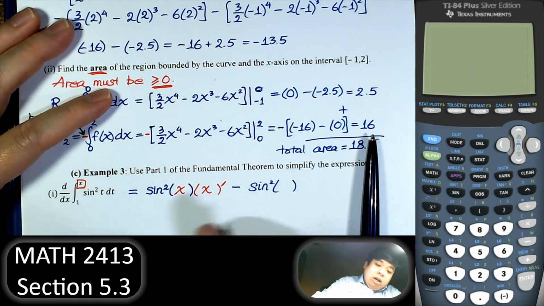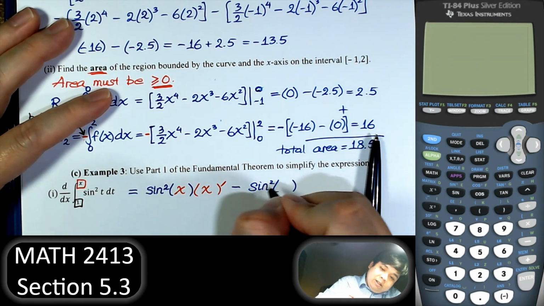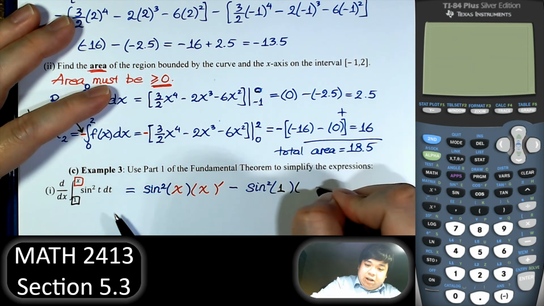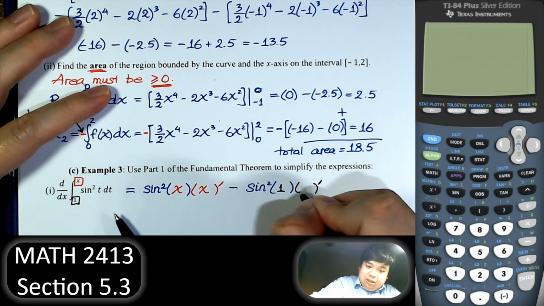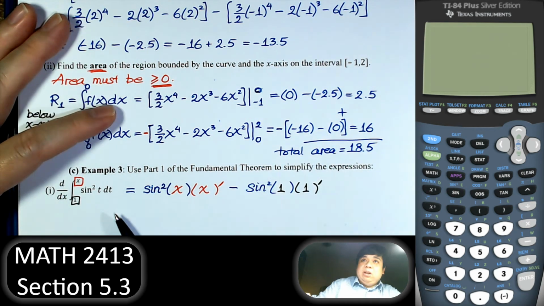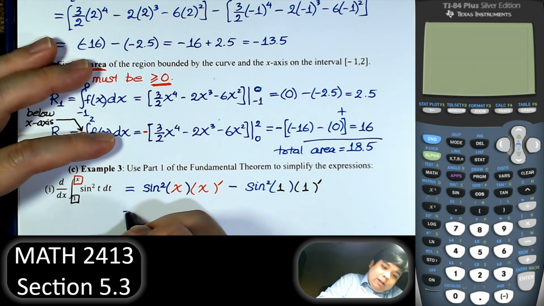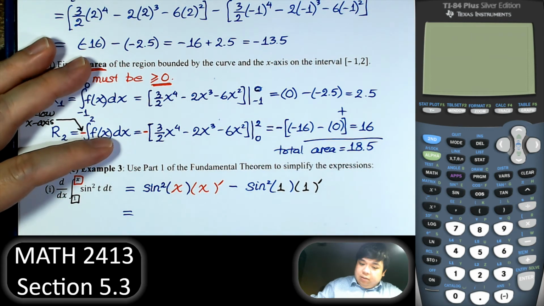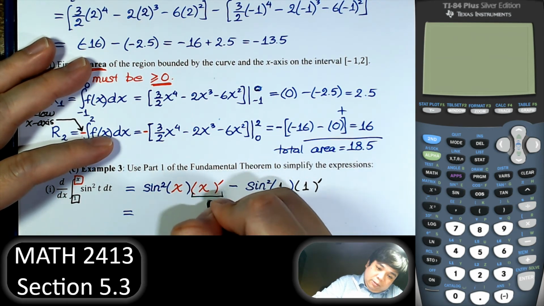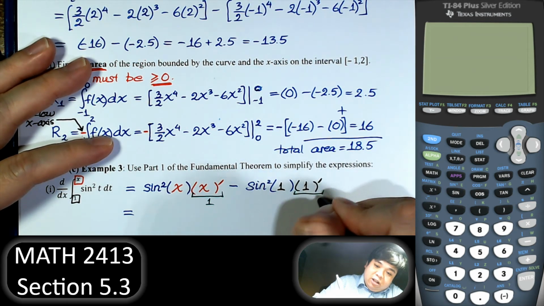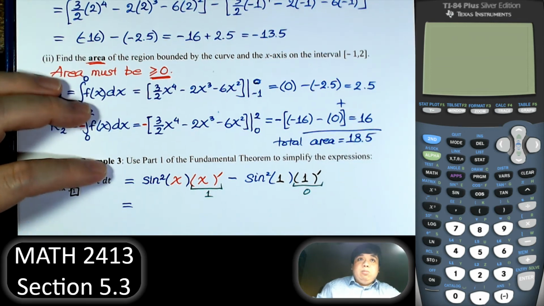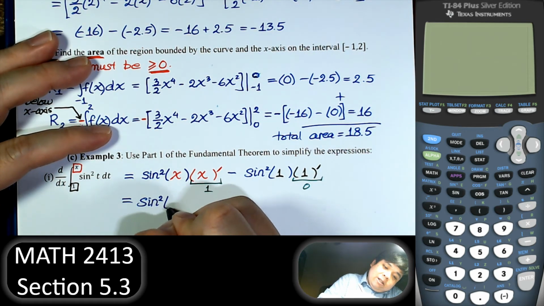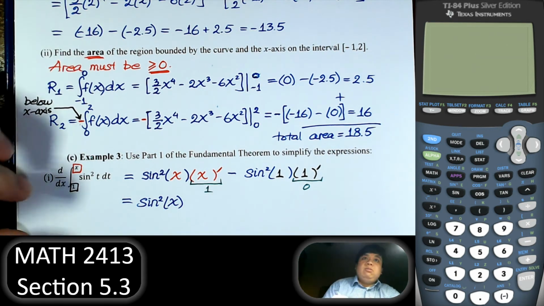Now put in the lower limit, and then the derivative of that lower limit. Derivative of x is just 1. Derivative of constant is 0. Bottom line, we just have sine squared. So that's what we have.